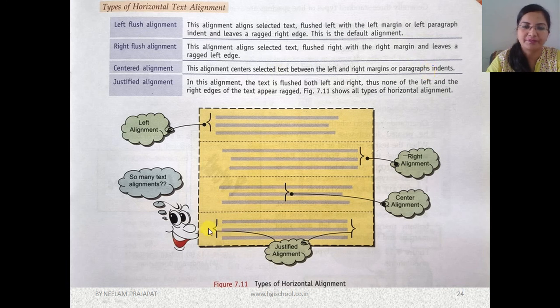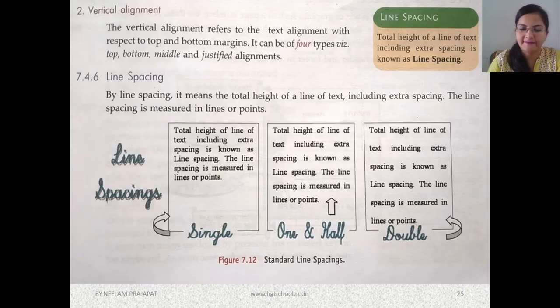Here, justify alignment: the text is flush both left and right, and thus neither the left nor the right edge of the text appears ragged. Both the edges are smooth. So these are all different types of alignment. Got it? Left, right, center and justified.